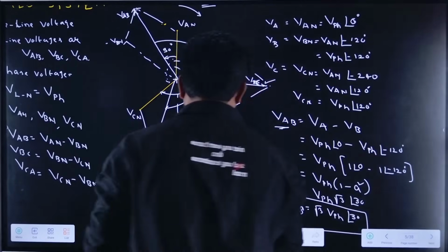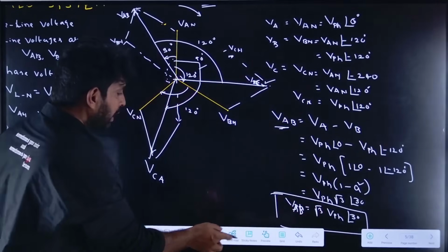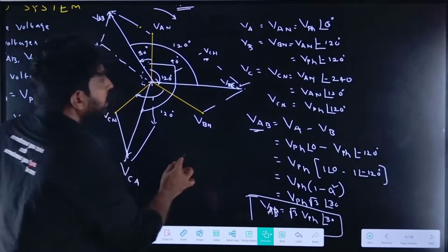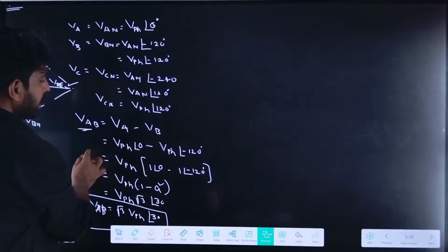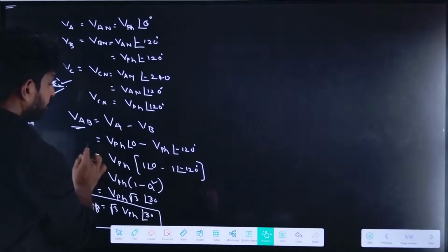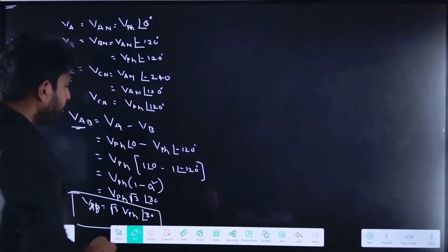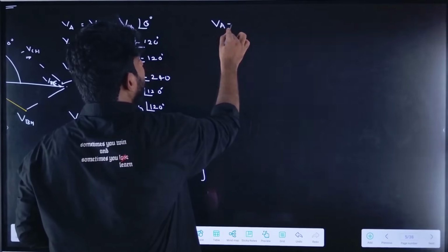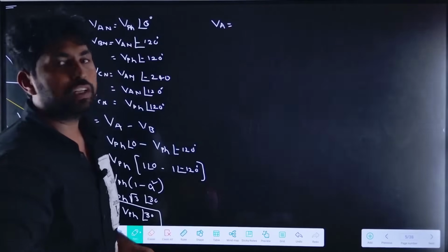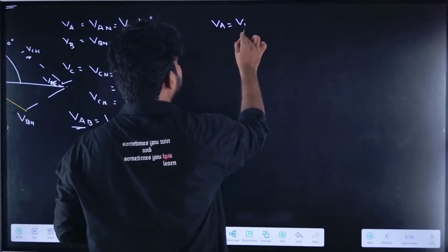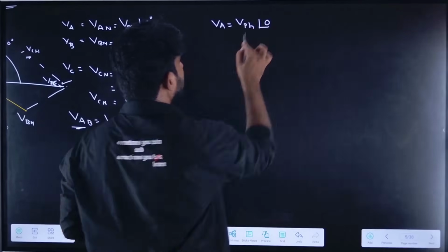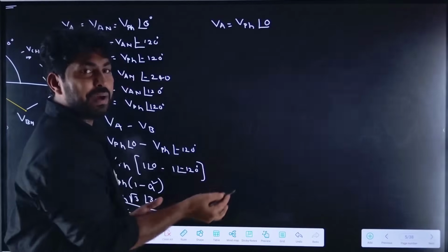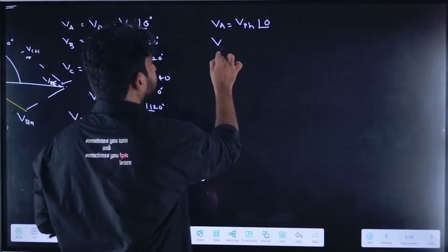Now, let us write all the expressions and make the conclusion. What is VA? We got VA as V phase at an angle 0. What is VB?